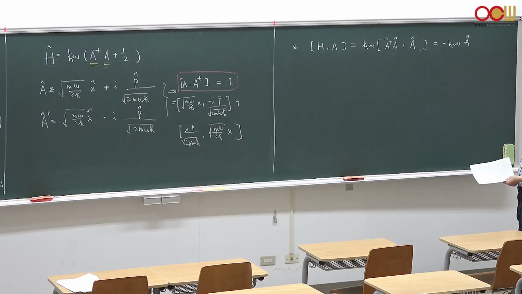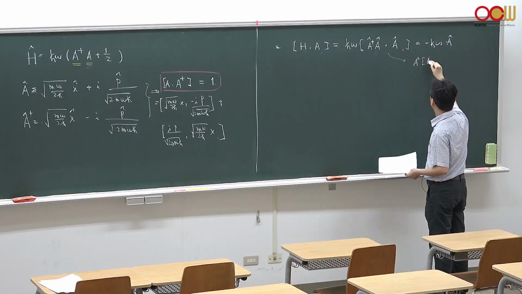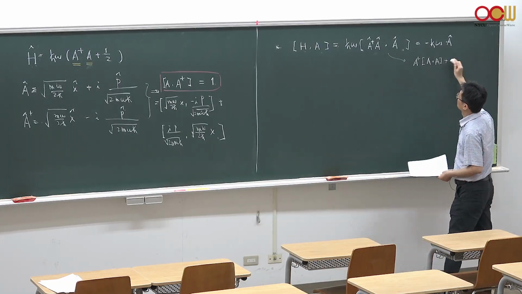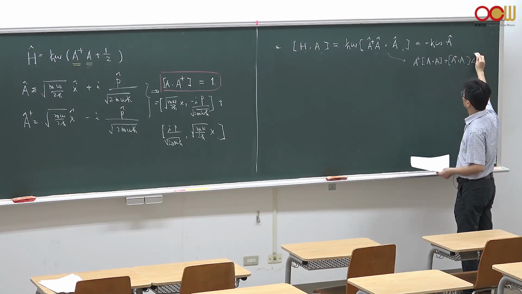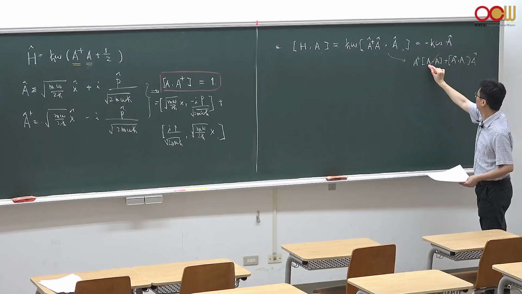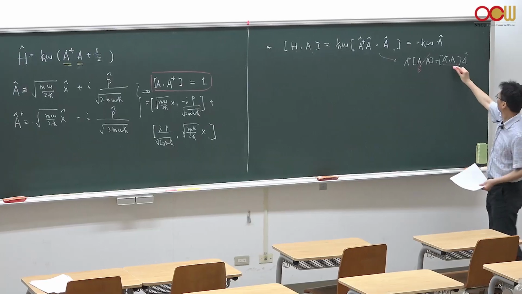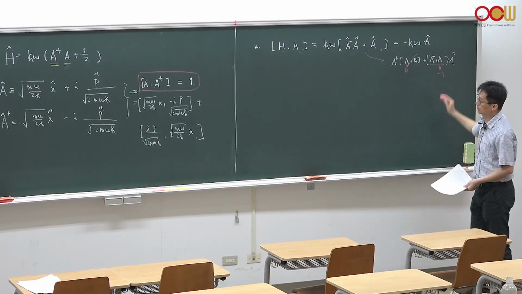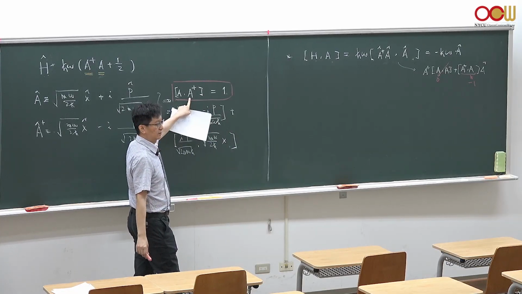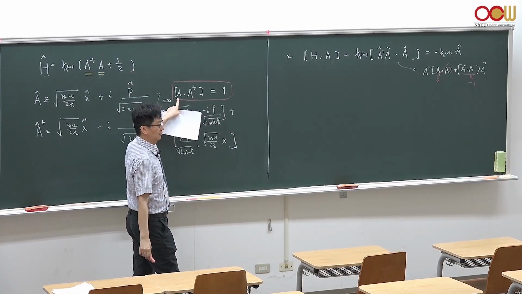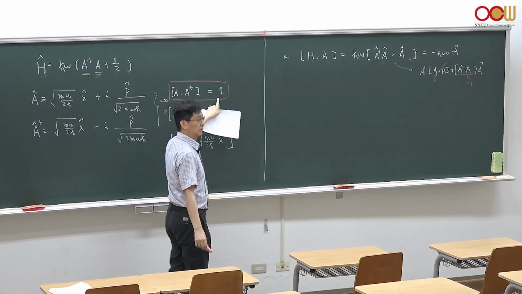Because this is A dagger times the commutator of A and A, plus the commutator of A dagger and A, times A. And we know that A and A commute, and the commutator of A dagger and A is actually minus 1, because in the commutator of A and A dagger, where A appears on the left-hand side and A dagger on the right-hand side, the commutator equals 1.